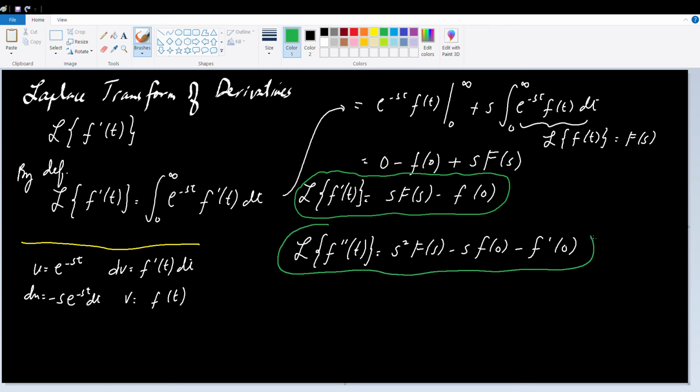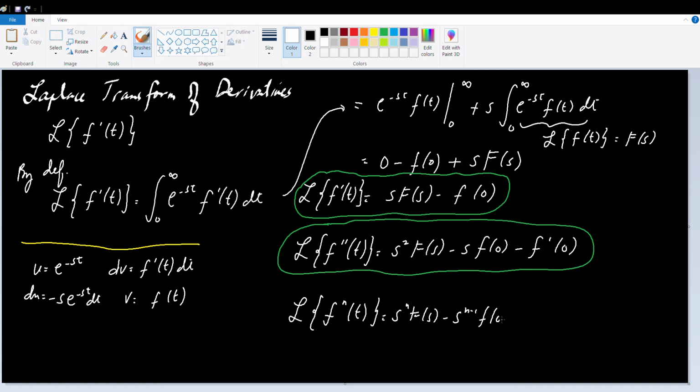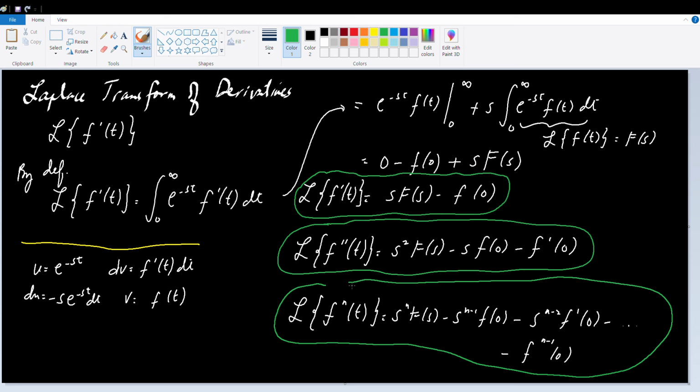If you want, in general, the Laplace transform of the nth derivative, that will be equal to s to the n F of s minus s to the n minus 1 f of 0 minus s to the n minus 2 f prime of 0, and so on and so forth, minus the n minus first derivative of f at 0.